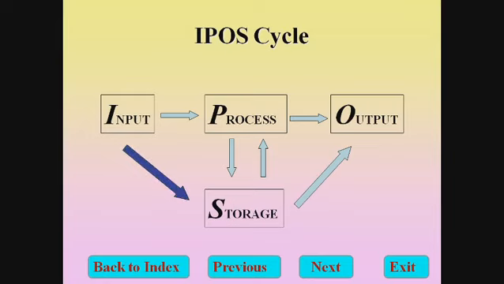Whatever we input goes to storage first. Storage means primary storage first, and at the same time your processing device keeps a check on whether the input is for output only, or it requires some calculation or decision making.